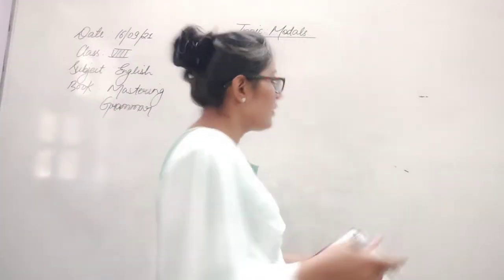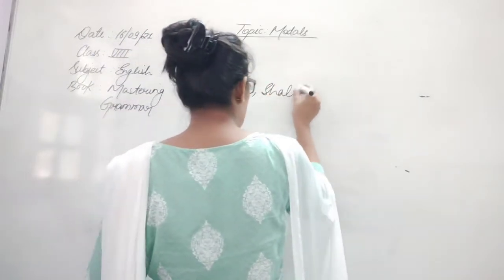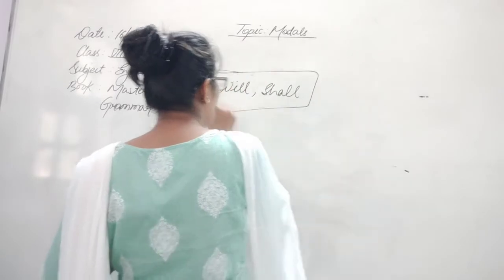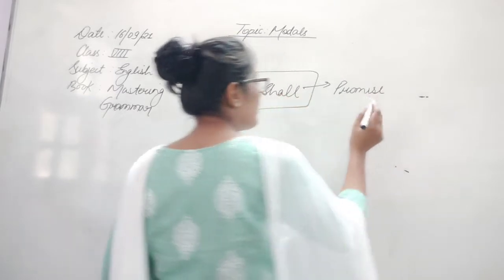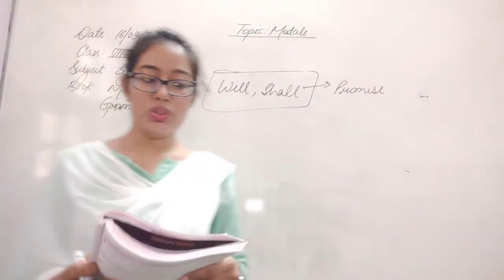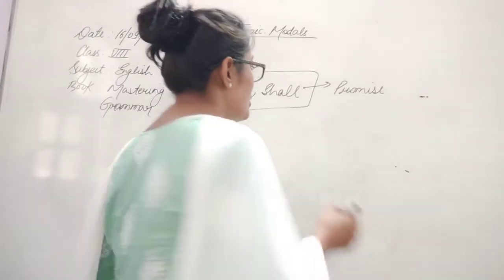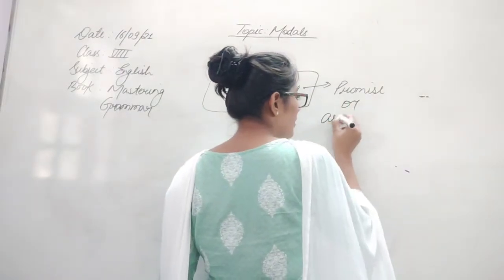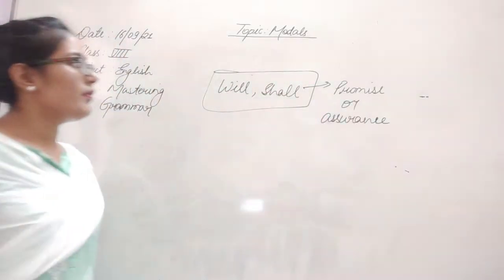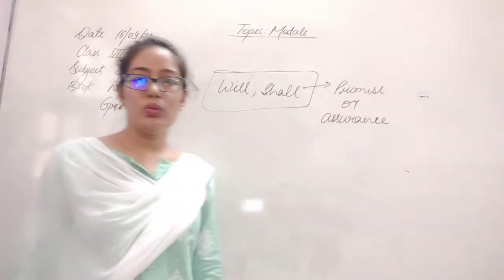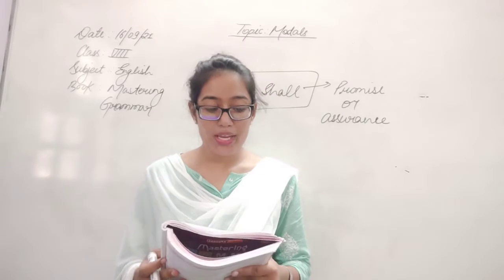Promise. In promise, will, comma, shall. In promise, will and shall are used. Will and shall are used to convey some kind of promise or assurance.